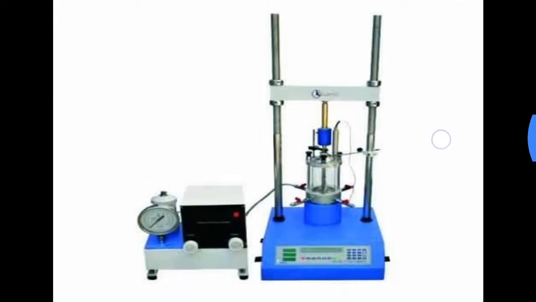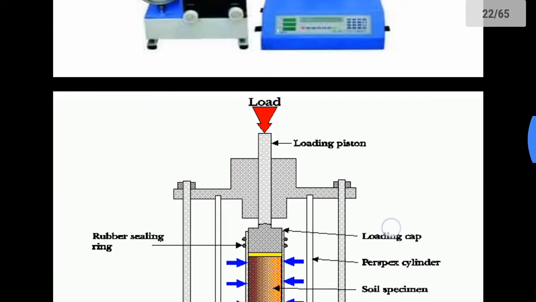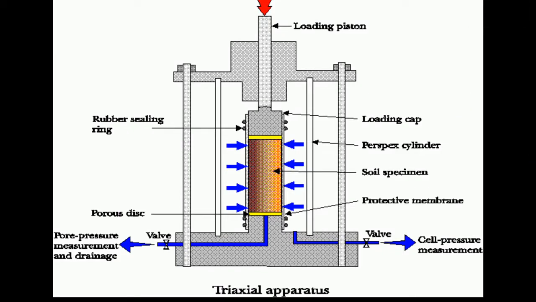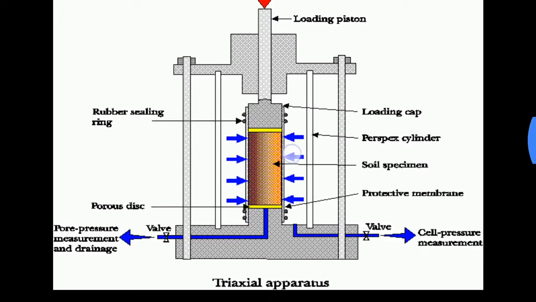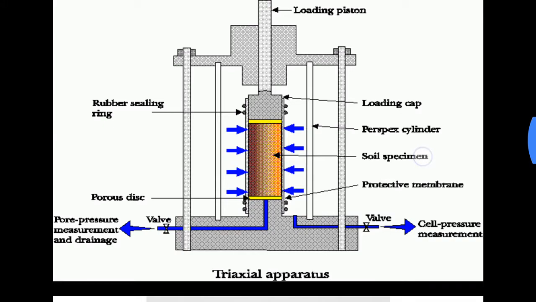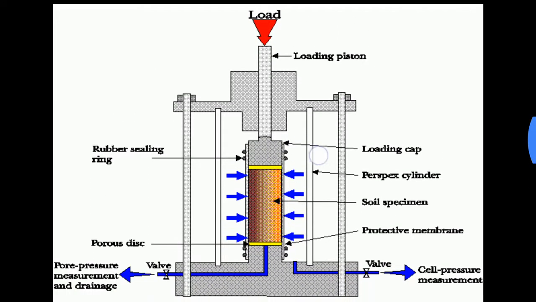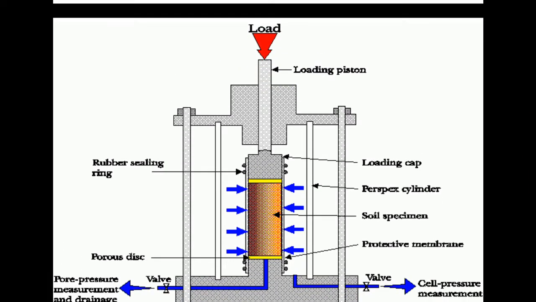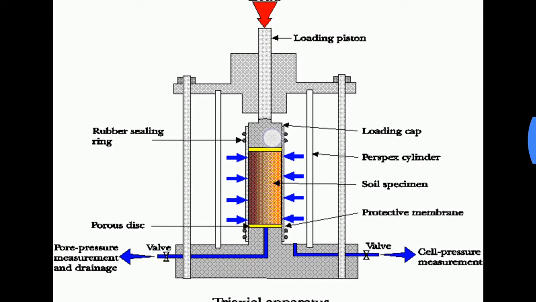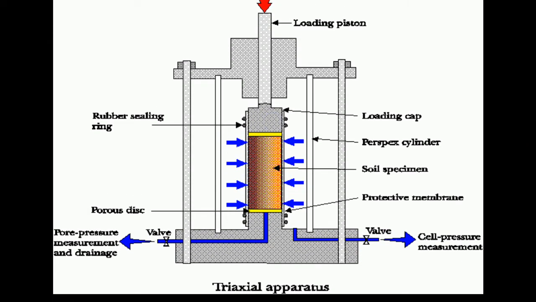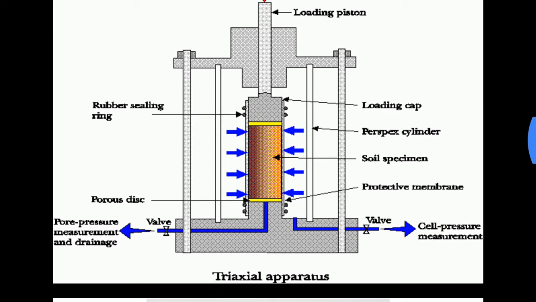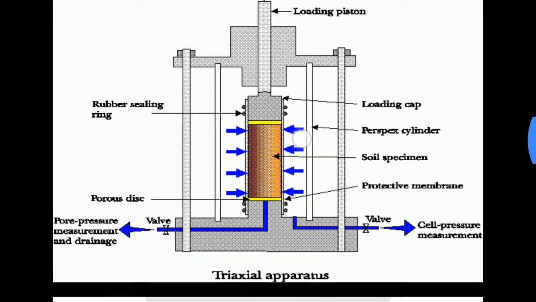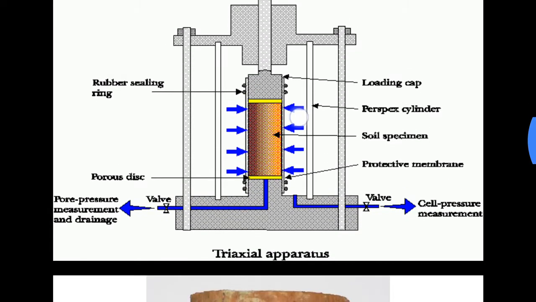Now this apparatus here is used for triaxial compression test. In triaxial compression test, there are two types of forces which are being applied. Firstly, what we do is we prepare a cylindrical soil specimen, then we place it in the apparatus, then one force is being applied in the normal direction from above, and the second type of force is applied through the sides or through the casing of this cylinder.